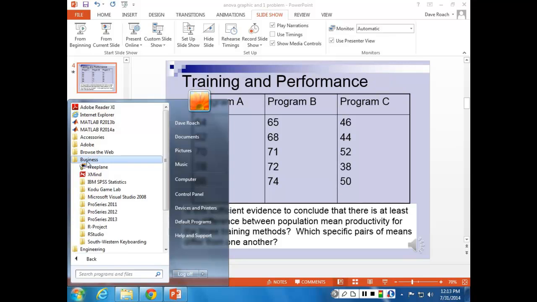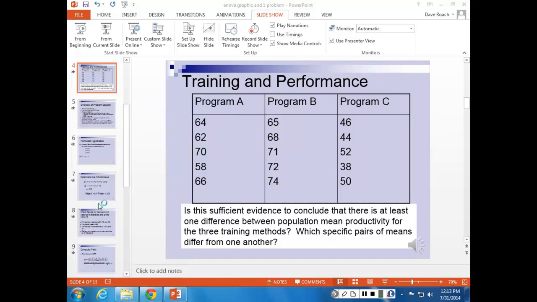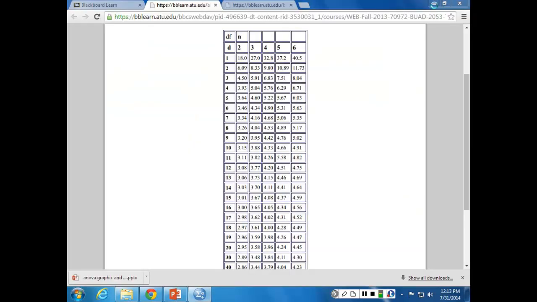Anyway, on the computers on campus here, if you go under the business folder, IBM statistics, and just click on it, it takes a few moments to load. It's a very large program. I'm hoping that it's loading. Yeah, it's loading.